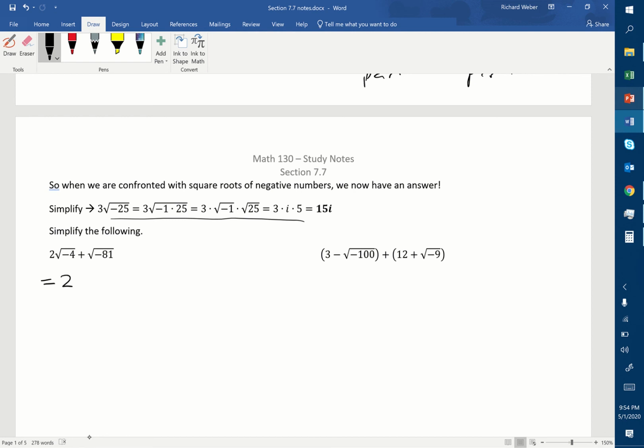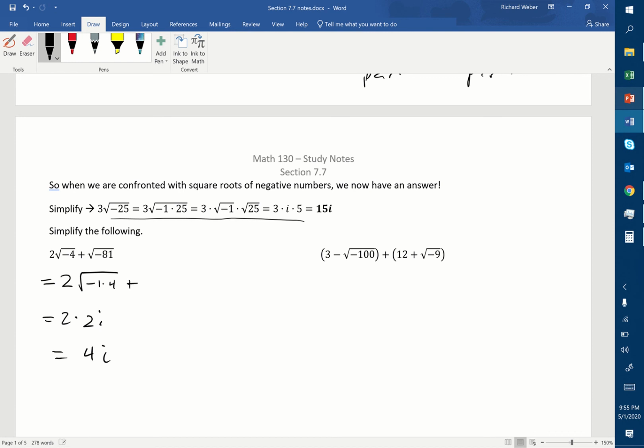We're just going to go, this is 2 times the square root of minus 1 times 4, right? Which is 2. Okay, now what do we do with that guy? We square rooted 4 to get 2, but then it's a negative, so it's 2i. So that first term is 4i. Go ahead and do the second one.